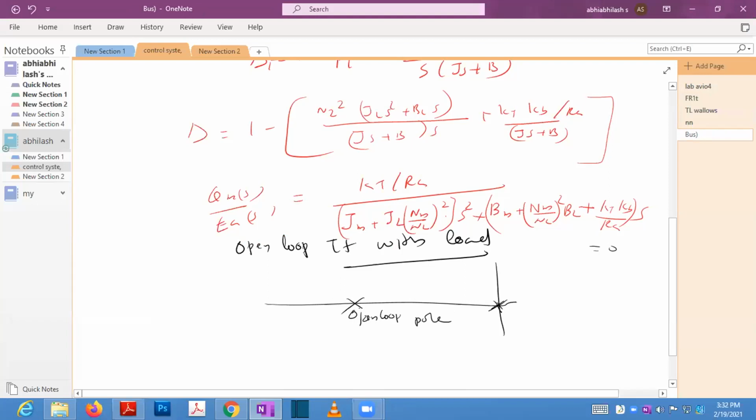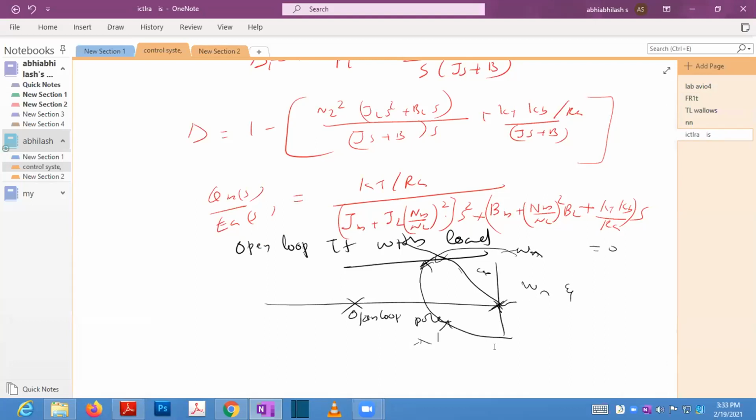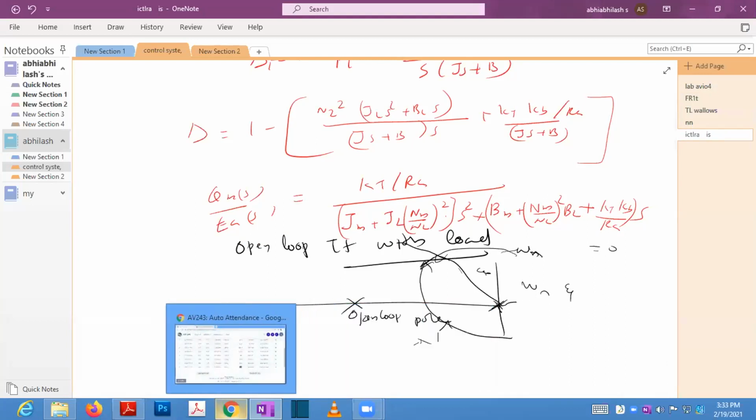When you close this loop, with omega n and zeta, they will move somewhere here, moving like this. So this omega n and this zeta value will move these 2 points. Like that only you have to design the controller. That part I think Rajesh sir will cover later.